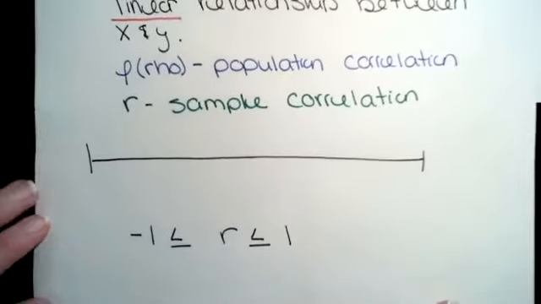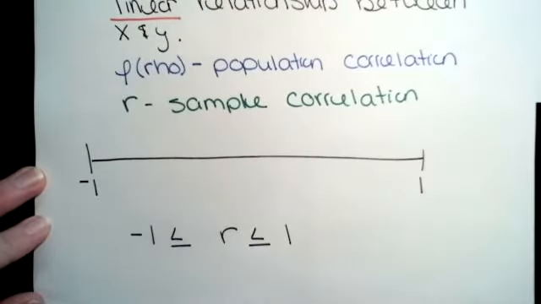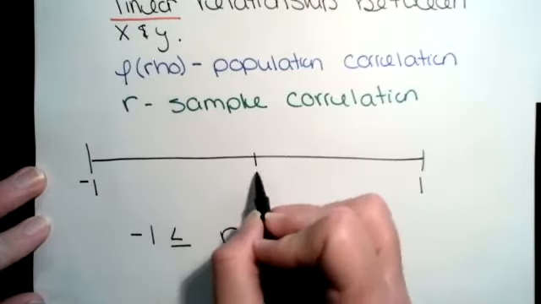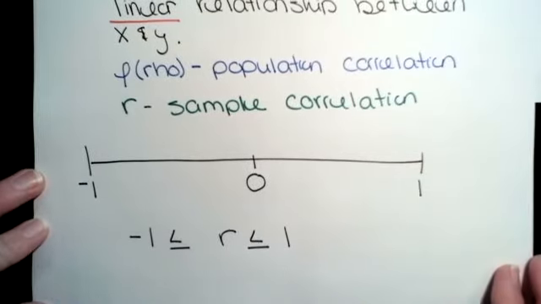So if R is between -1 and +1, -1 is over here on the left and +1 is on the right. And it leaves 0 right in the middle. This is going to be the scale for what R represents in the strength.